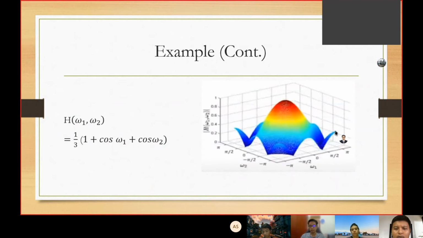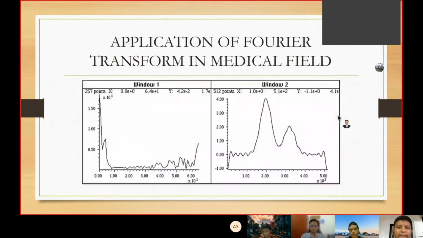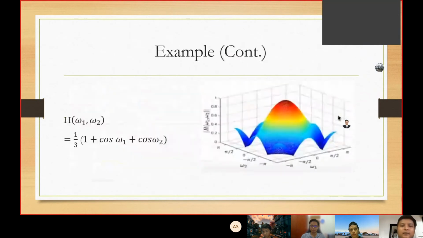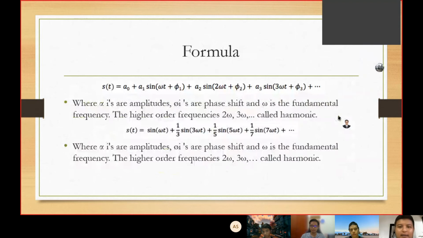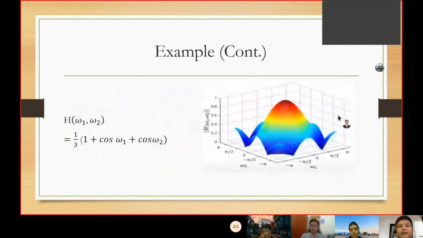If you refer back to the previous couple of slides, this is the formula.